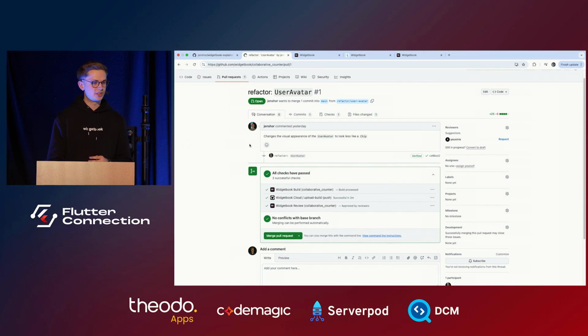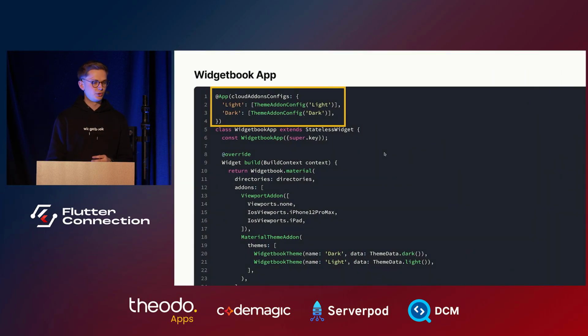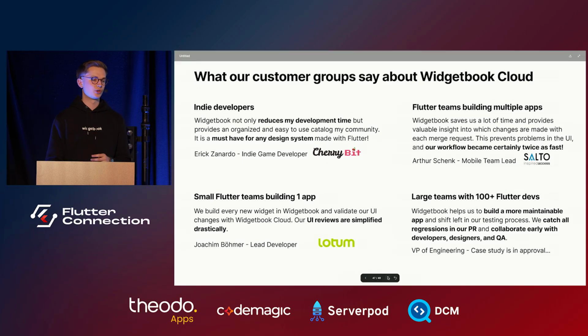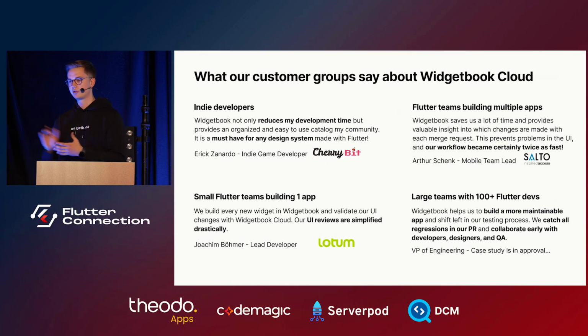And how teams are using that with Widgetbook, I'd like to give you a few testimonials of our customer groups here. So in the end, Widgetbook is being used by all sorts of different Flutter teams. So we're working together with indie developers, really those impressive one-person armies that are building an entire app, and they are building their components quicker with Widgetbook, so it reduces their development time, and they also are able to quickly review exactly their changes.